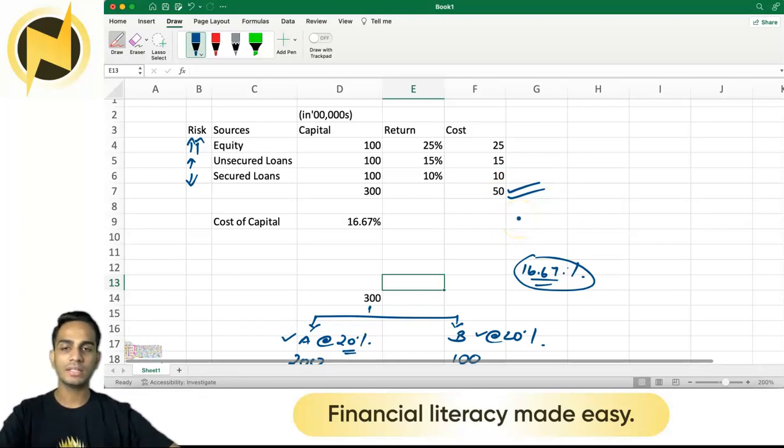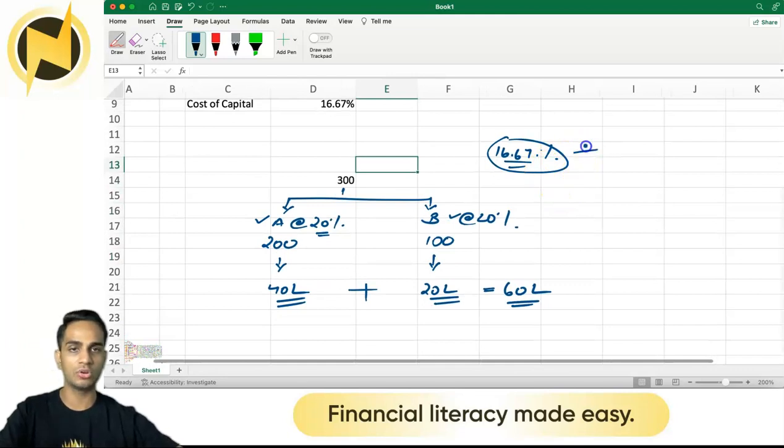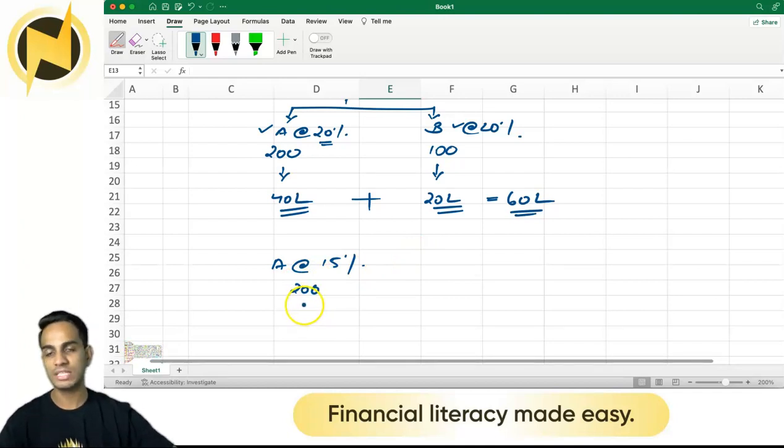Now imagine the company did not check their cost of capital. They do not know this, and they go to A and tell A, instead of 20%, bring us 15% because we are giving you 200 lakhs for a project with high possibility. So that's a total of 30 lakhs.